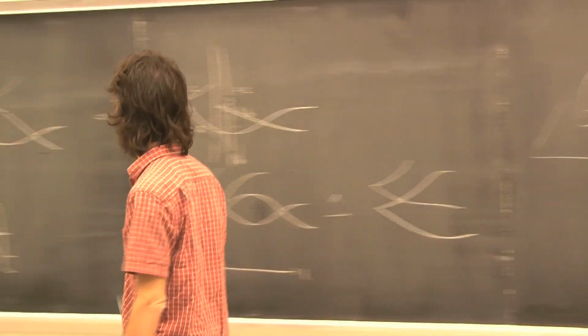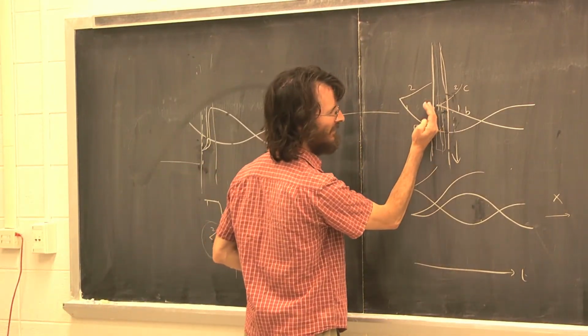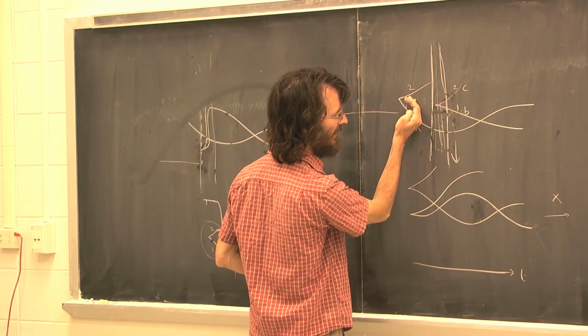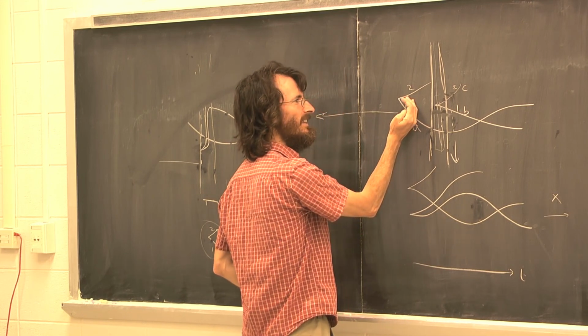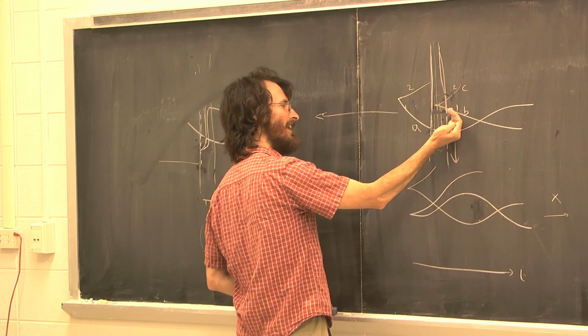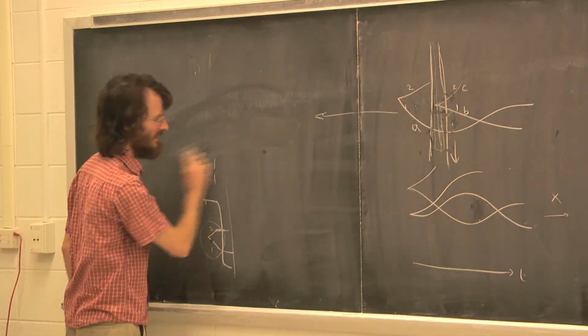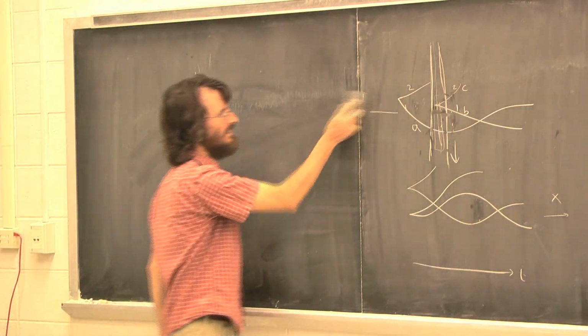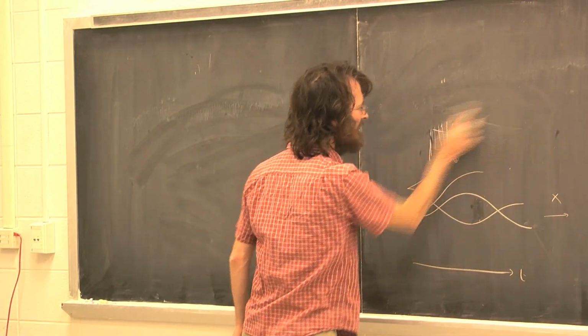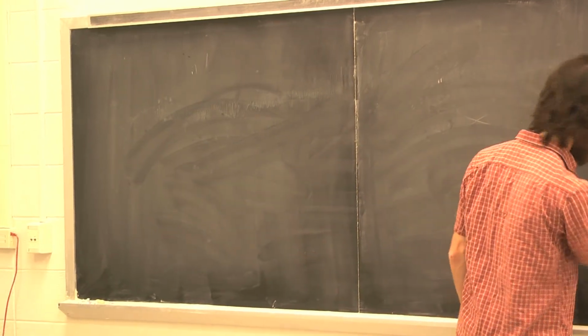But that's the idea, that somehow you can have this picture of sliding. You can move the handle slide off the end of the cuts by making it happen. That's all it is. That's all I want to say about that argument.